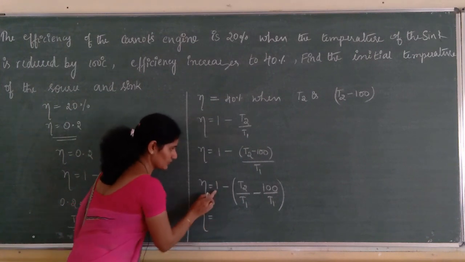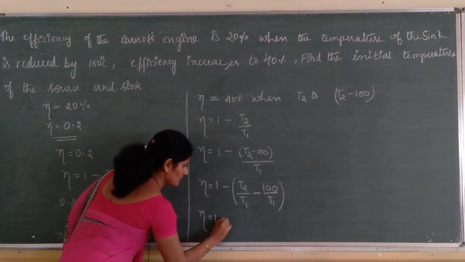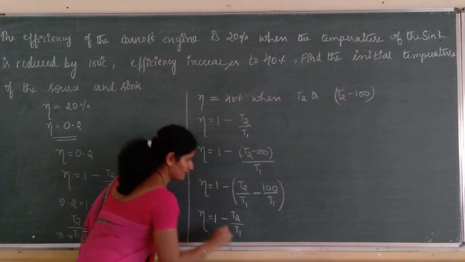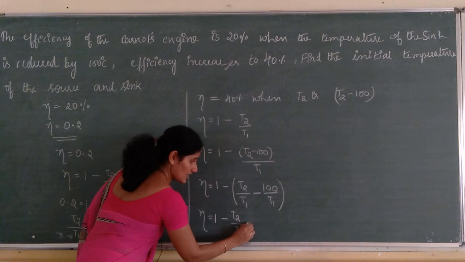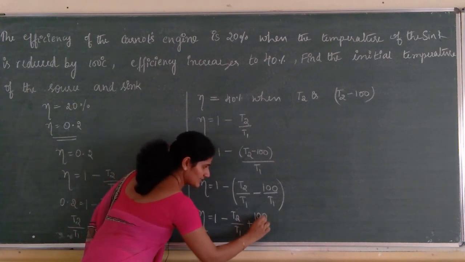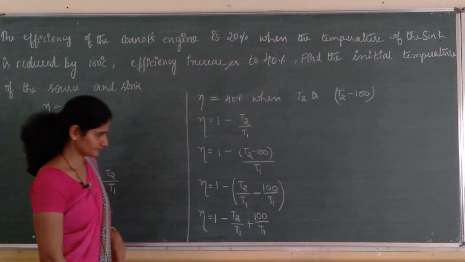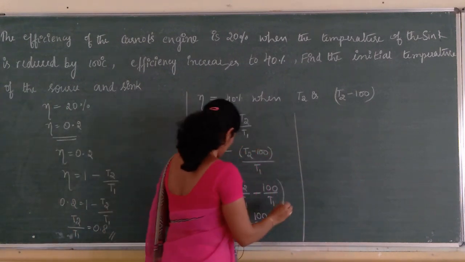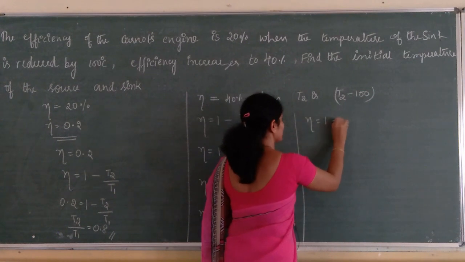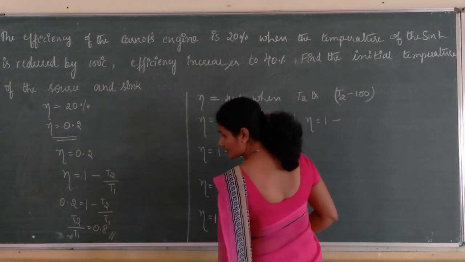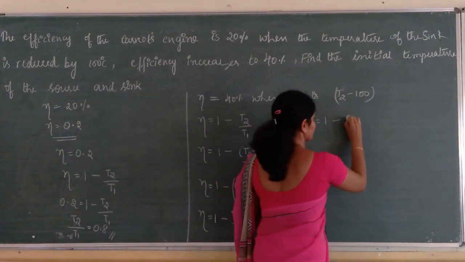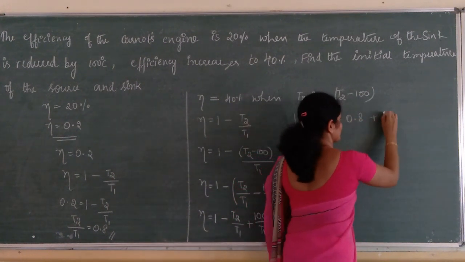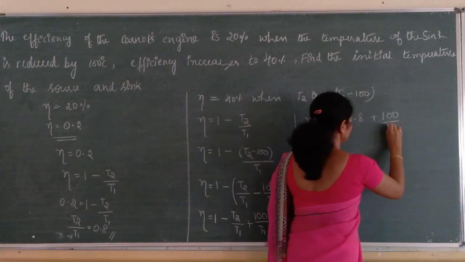Efficiency eta is equal to, multiply it out, 1 minus T2 by T1 minus into minus plus 100 by T1, right? Efficiency eta is equal to 1 minus T2 by T1, and T2 by T1 is 0.8. So in the place of T2 by T1 write 0.8 plus 100 by T1.